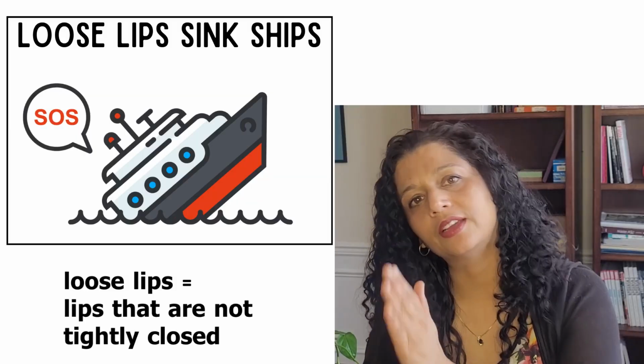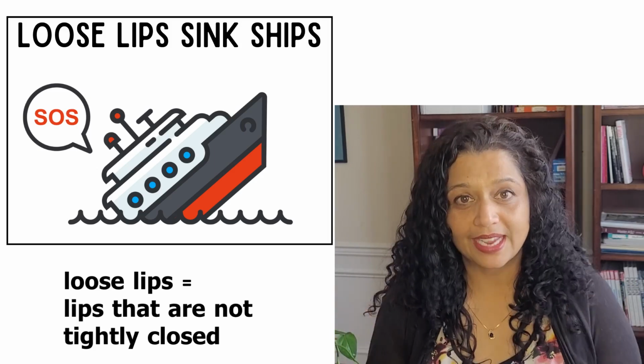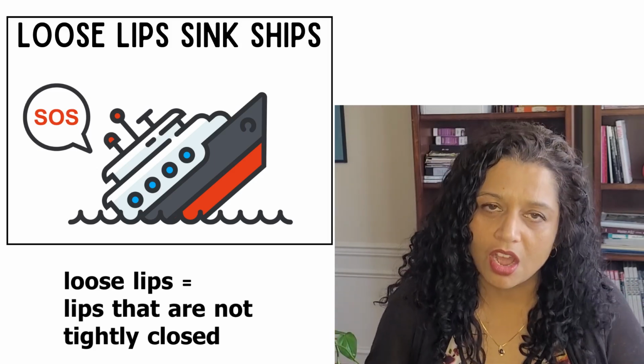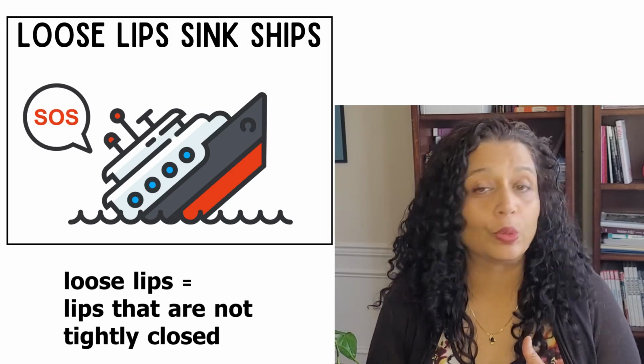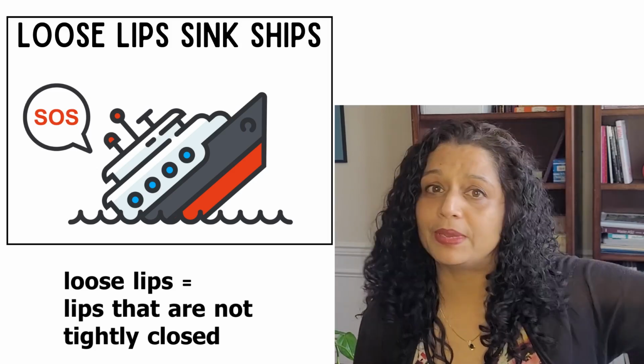The second phrase is an idiom. I love idioms because our brain tends to hold on to them as a unit, so we never make a mistake. We always use the correct words in an idiom if we know the idiom, okay? So the idiom is loose lips sink ships. And this originated in World War II, and it was intended to mean unguarded talk can lead to important information being disclosed, and it can lead to ships being sunk.